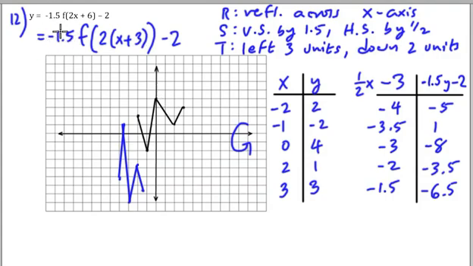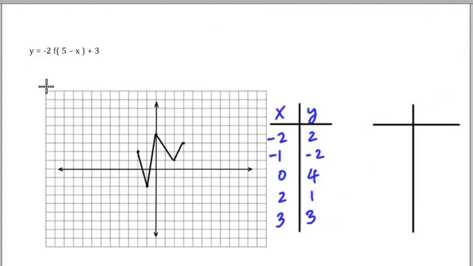There's a reflection across the x, so yeah, it does look reflected. It's stretched by 1.5 in the y direction, so yeah, it looks a little bit stretched. It's stretched by half, so in other words, it's being compressed, really, and it does look a little bit compressed. Left 3 units, yeah, it looks a little bit to the left. Down 2 units, yeah, it looks a little bit down. So from a visual standpoint, it looks right. Let's move on to the last two.